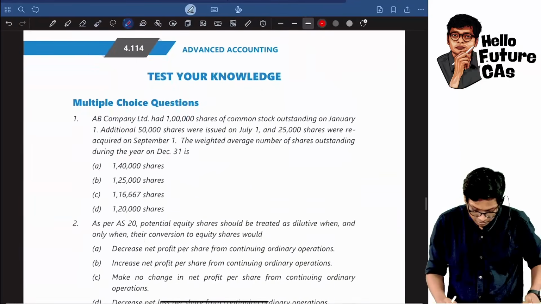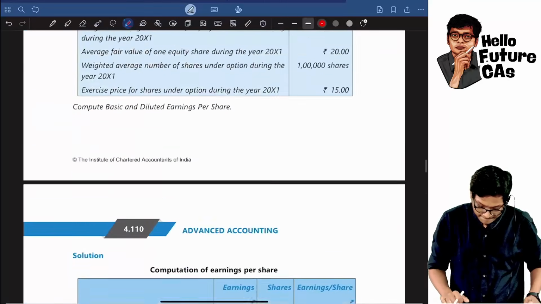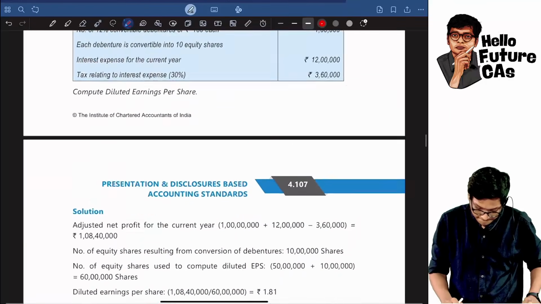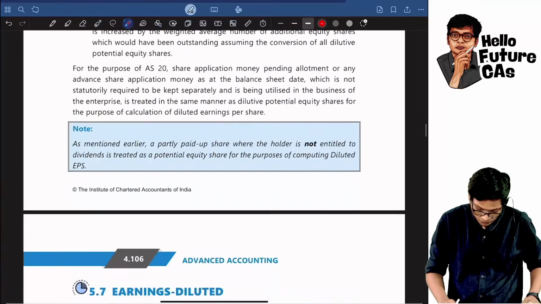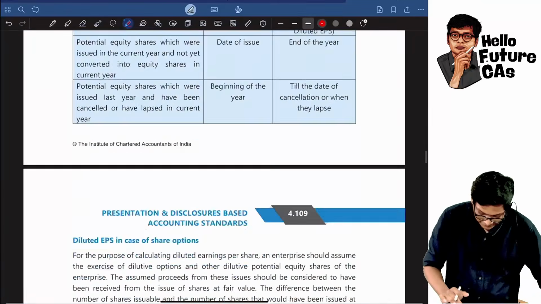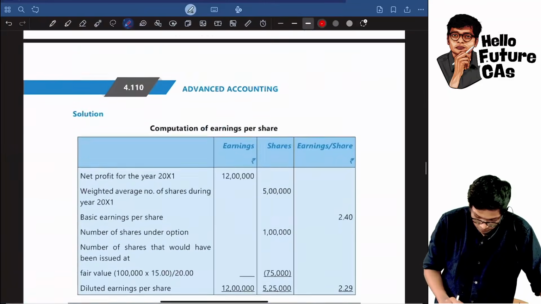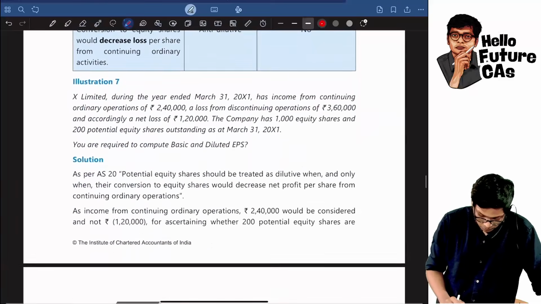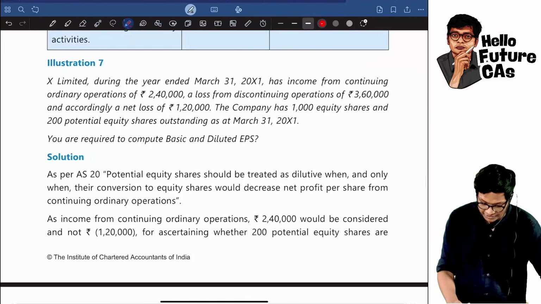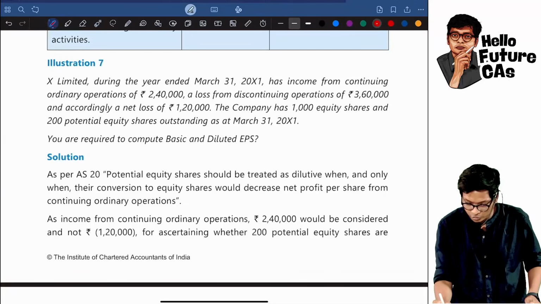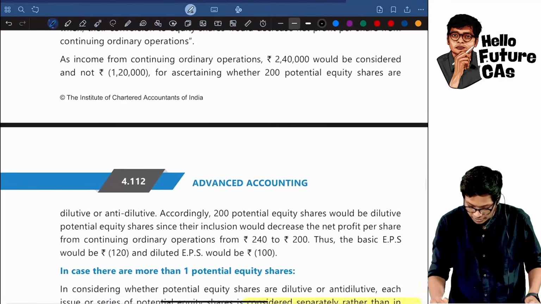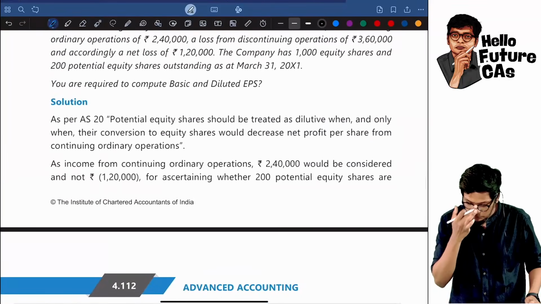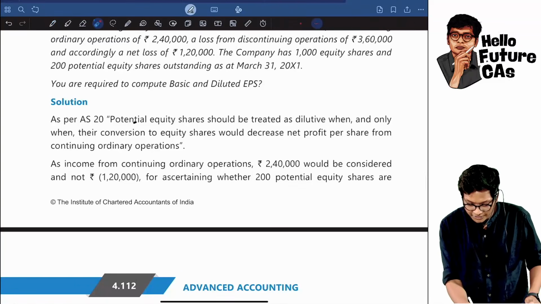Question number 7. Illustration 7, correct? Look at this small question, guys. Same question, I'm just going to run through the answer.